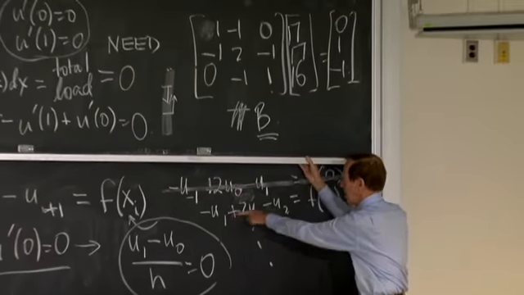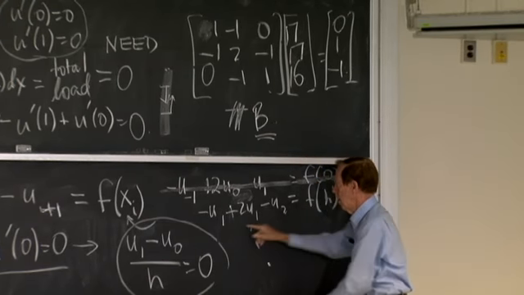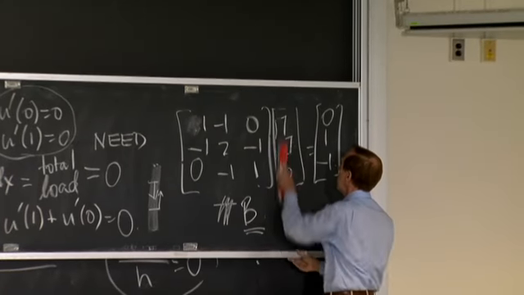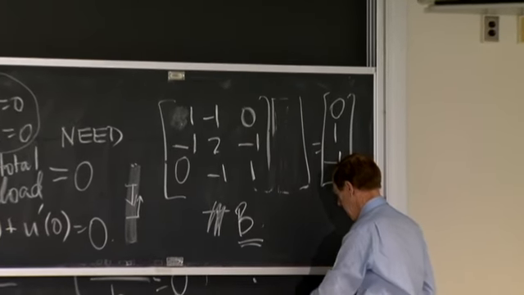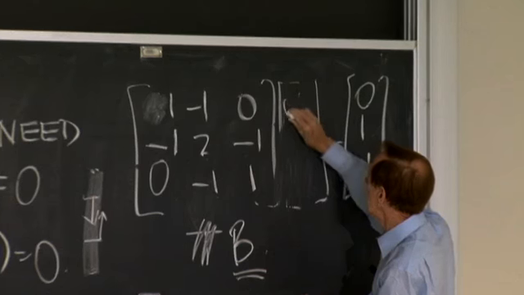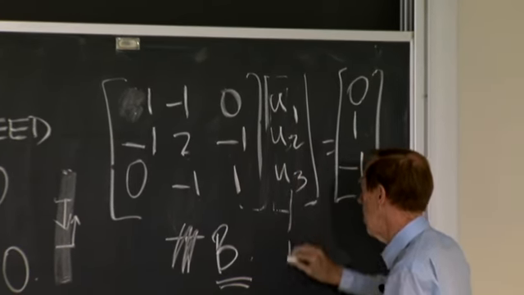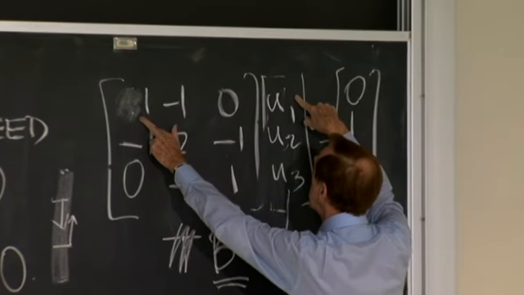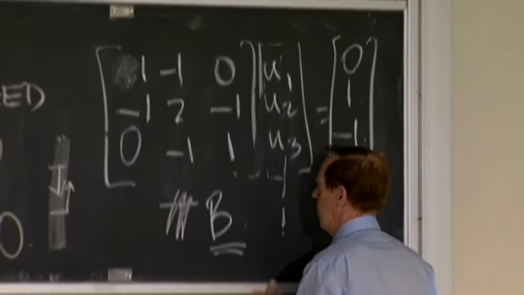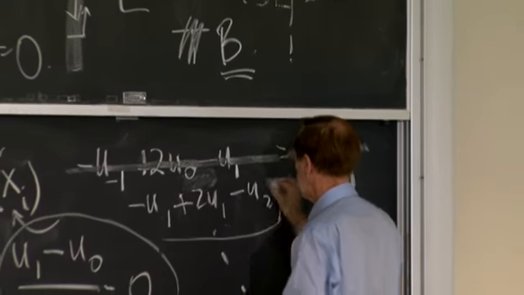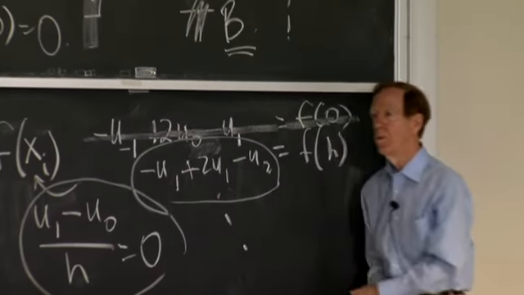So do you see that equation, when I put those together, if this is u1, this is u2, this is u3 onwards, that first equation is u1 minus u2, and that's what I've got.